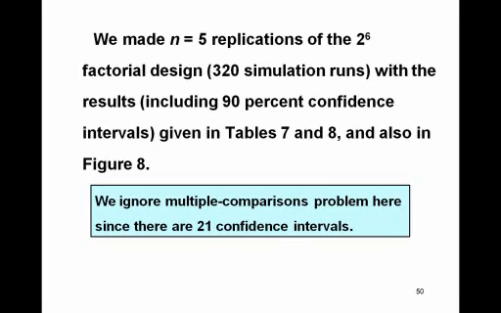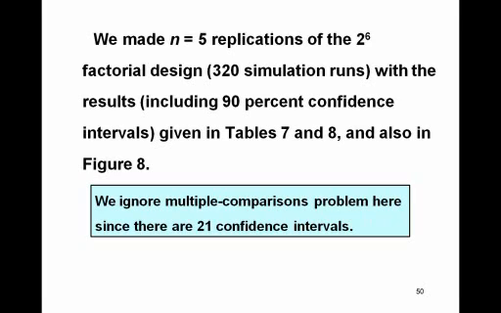And here we're going to not use Bonferroni, because when you look at main effects and interaction effects, we're actually going to have 21 different confidence intervals. If we compensated using Bonferroni, each of them would have to be at a level greater than 99.5%, and they would be huge because of the large t critical points.